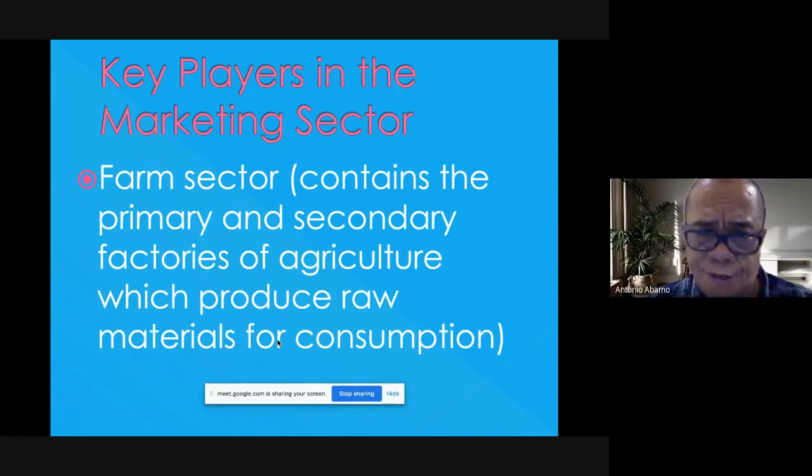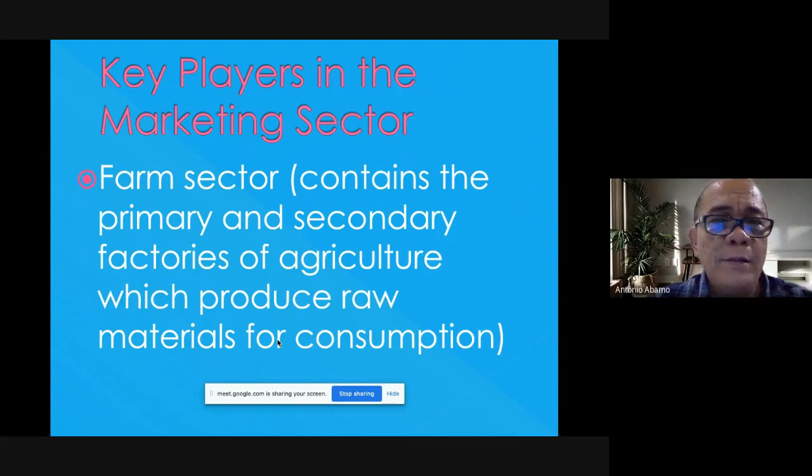Of course, the farmers, the transport providers, and the other workers in the industry, and even the different personalities and institutions working at the various stages of the production process, like those providing services for harvesting, and those providing facilities for land preparation. These are some of the players in the farm sector.